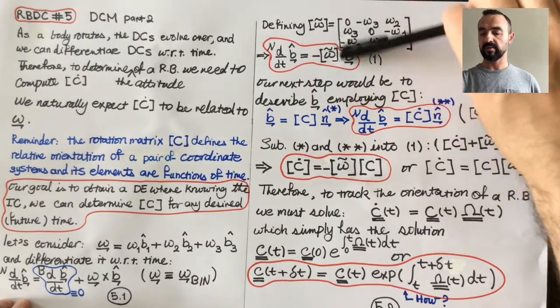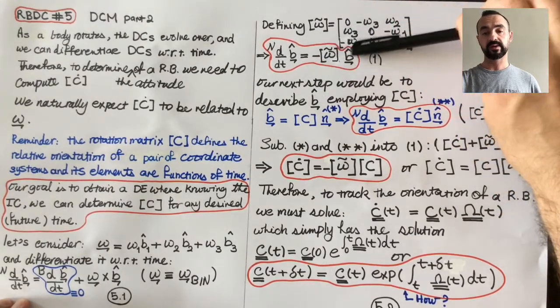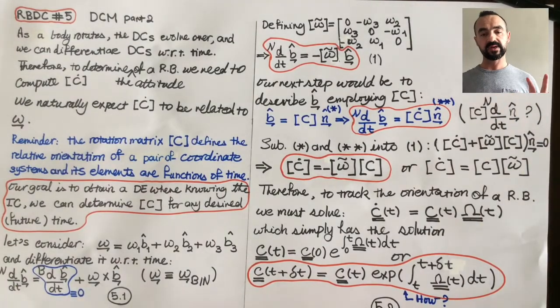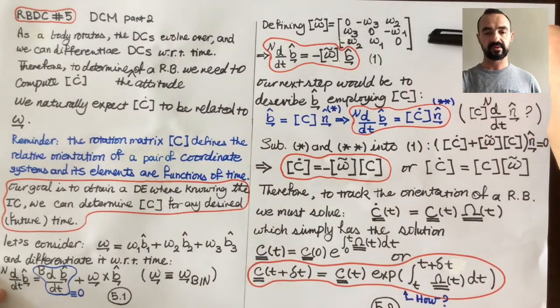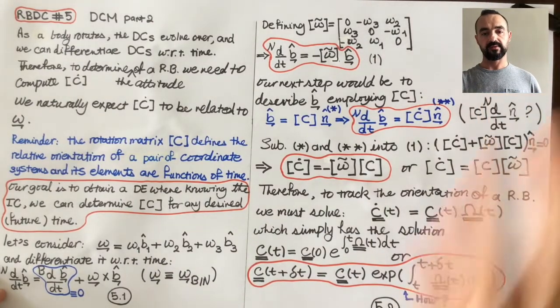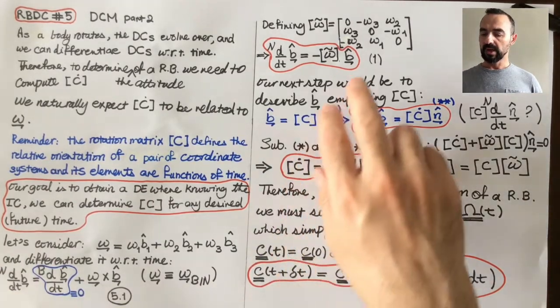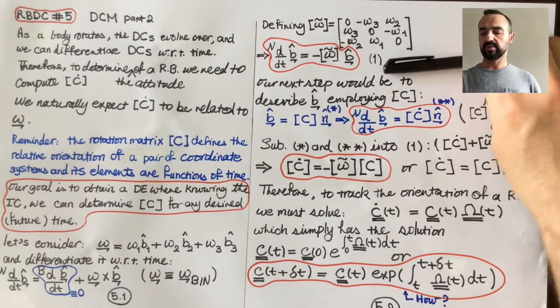So you say it is omega tilde B. Now in this case, omega tilde is a matrix, this skew symmetric matrix. So all we have done here, just pay close attention, we have not changed the physics. All we have done is stack these angular velocities so that we form this skew symmetric angular velocity matrix. We're not doing anything else. So it's about math.